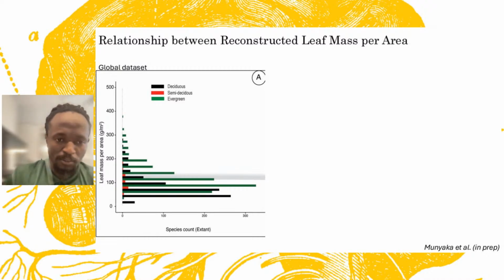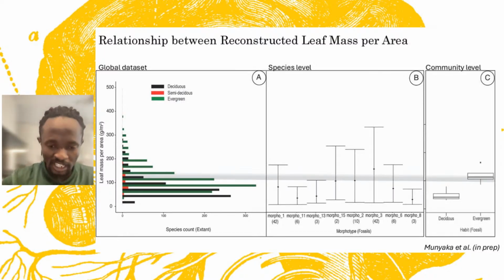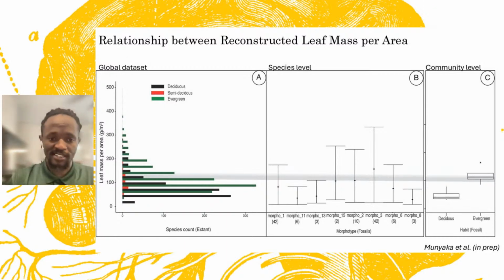And so using that modern taxa, we introduced all the morphotypes, so at the species level, looking at all the individual morphotypes from this area, the leaf mass per area for those individual morphotypes, and then looking at it at a site level, so looking at the whole flora and seeing what we're seeing from it. From this, we have this two-tailed kind of representation. We have a good number of deciduous taxa and a good number of evergreen taxa.